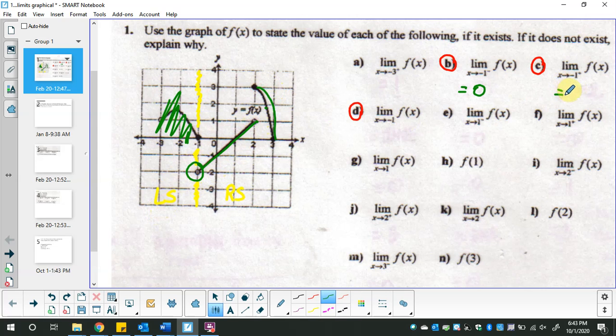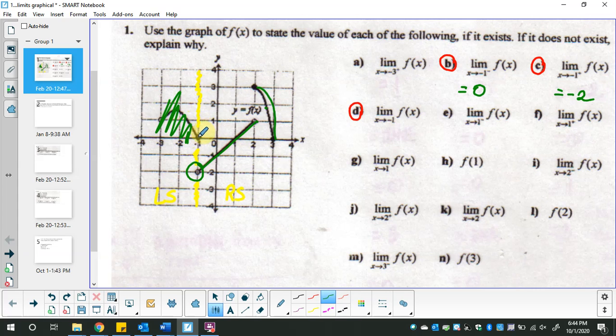Now there's something to be said about this, and that is when we went in from the left side, it ended in a dot, and when we come in from the right side, we end up in an open circle. Yet you still have an answer. So what limits actually mean is as x approaches -1 from the left-hand side, where are you getting close to? And you're getting close to y equals 0.